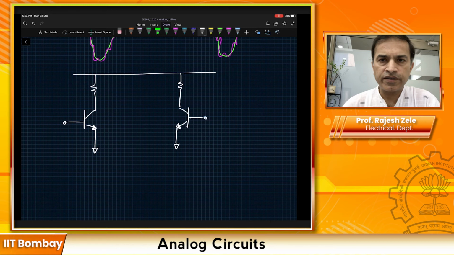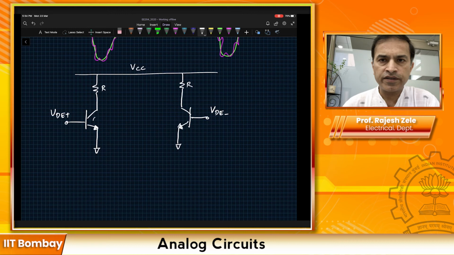Here we have VDE plus going in here and VDE minus going in here. This is your resistor R and this is your VCC. This common emitter amplifier will offer large gain to VDE plus and VDE minus.